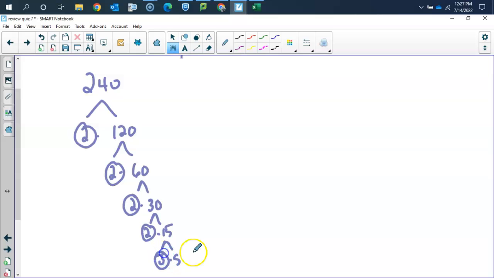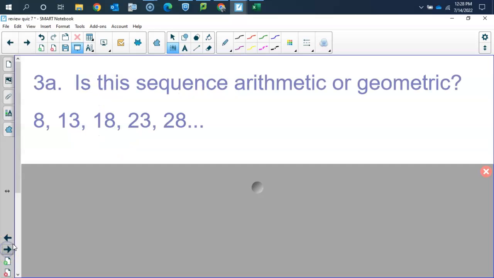So I circle the 3 and the 5 because they are primes. So here is my prime factorization, but I need to write this in exponential form. I've got 1, 2, 3, 4. So 2 to the 4th times 3 times 5. That is the prime factorization of 240.